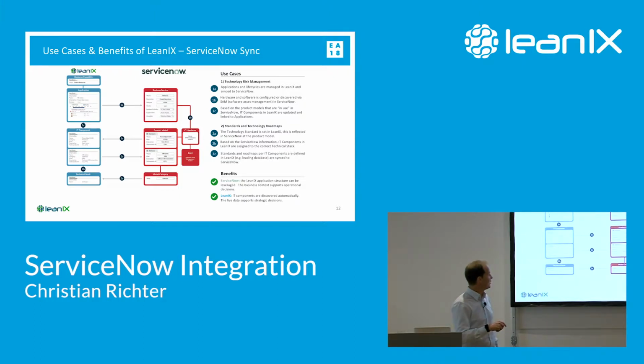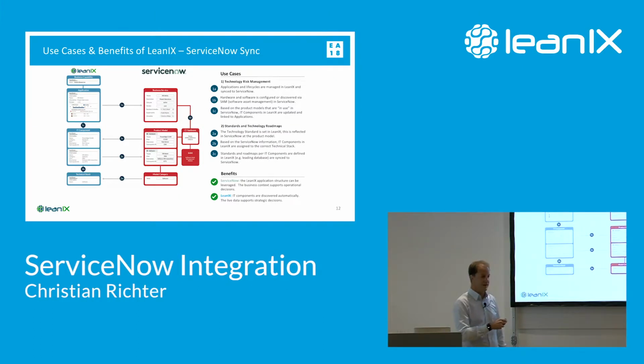Another thing comes into place when we're talking about Technopedia. So this is about lifecycle management, where you could say, I have these product models. They have vendor lifecycles. I can transfer those ones here, and I can link them to Technopedia. And what I can do is I can populate the lifecycle back to Technopedia. Or what I can say, and this goes into standards, I can say, hey, when I talk about databases, I want to make sure that we are using a Postgres database over an Oracle database.